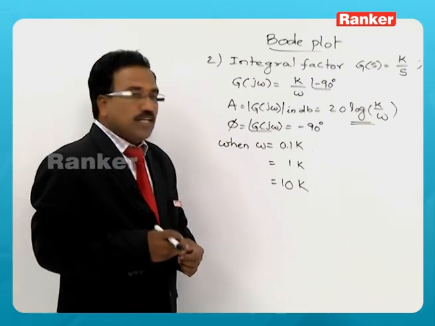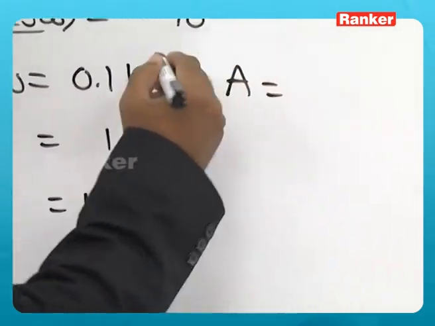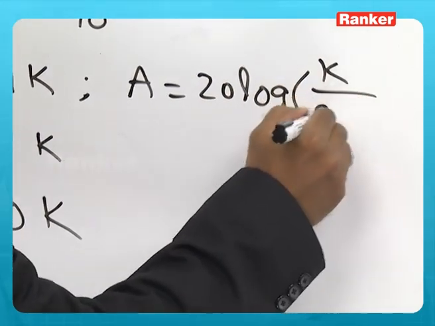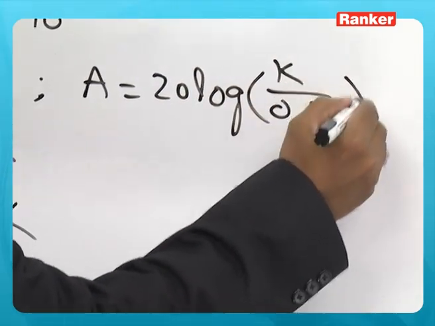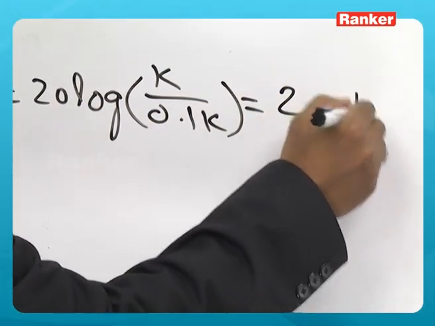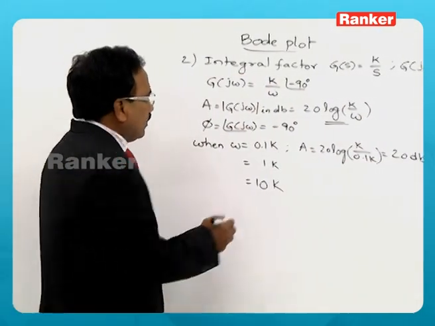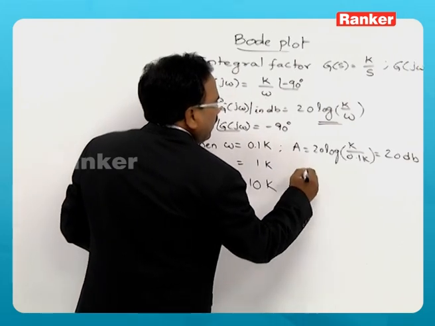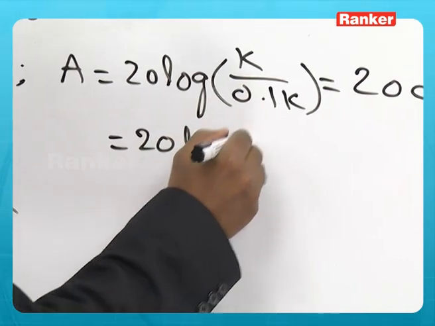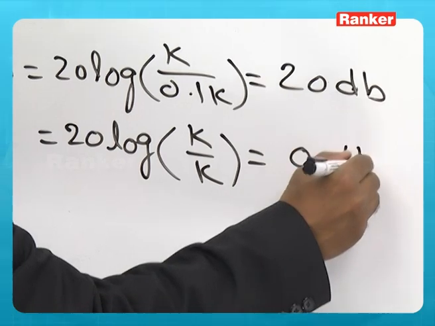So, when I substitute ω equal to 0.1 K, A is 20 log K by 0.1 K. This means the value becomes 20 dB. Now, when ω equals 1 K, the value is 20 log K by K, that means 1, so it is 0 dB.